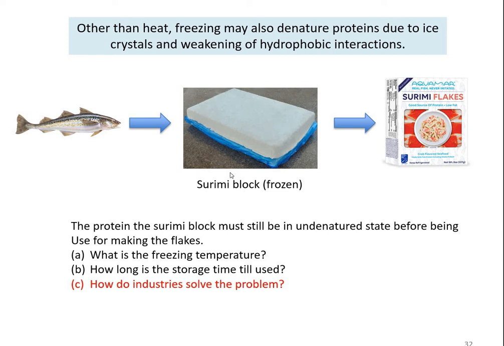So in order for us to use this block of frozen fish, just fish tissue, no bones, nothing else, basically it must remain in that native or undenatured state, because if it is already denatured, you cannot mix well with other ingredients. There are many ingredients here. There may be some kind of starches, some kind of flours, flavoring, etc. So it's very important for the industry to keep this frozen surimi intact, undenatured.